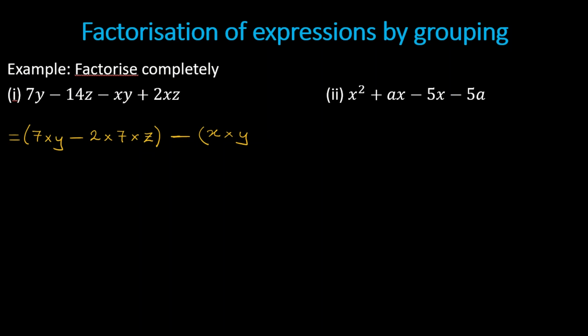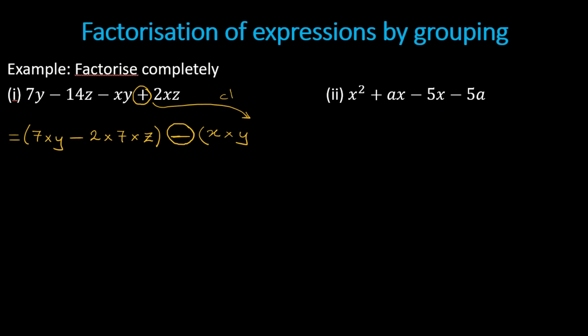Now you have to be very careful here, since we have taken a minus sign outside the bracket. You remember the first type of factorization where we have taken a negative sign outside the bracket? What happens with the following sign?